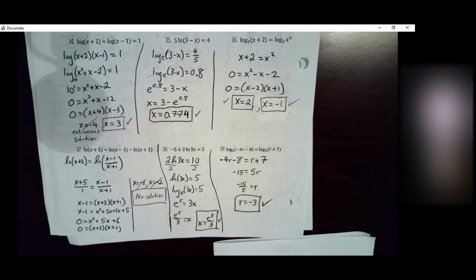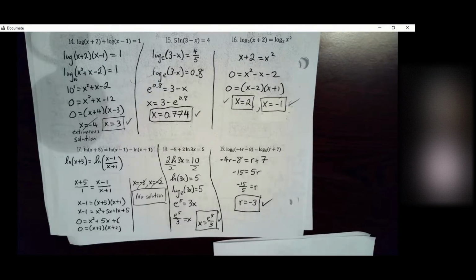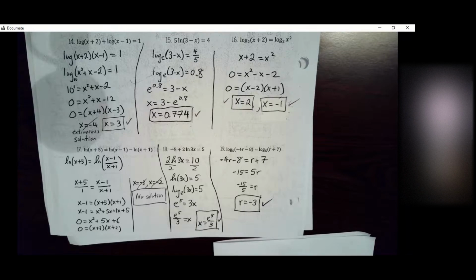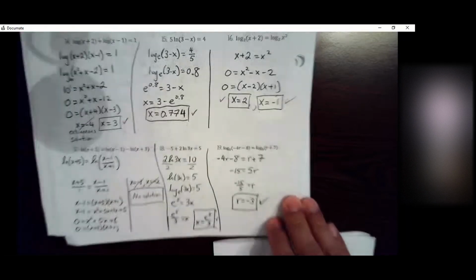Number 24. Okay. This is log 7 x to the second minus log 7 y to the fourth. Now you're just condensing. Not solving, just condensing. Right.